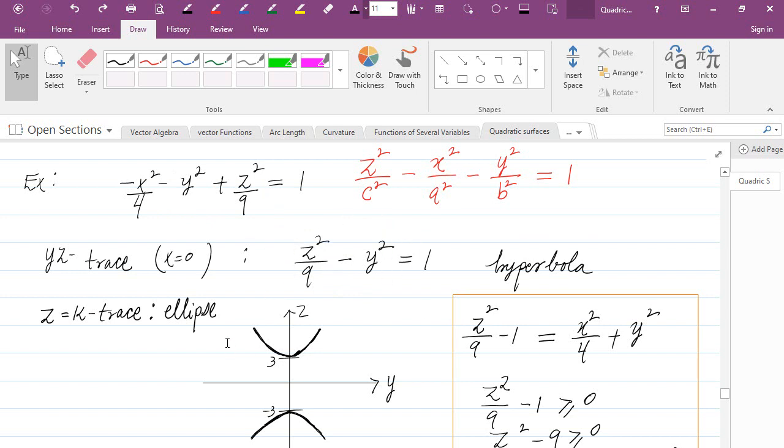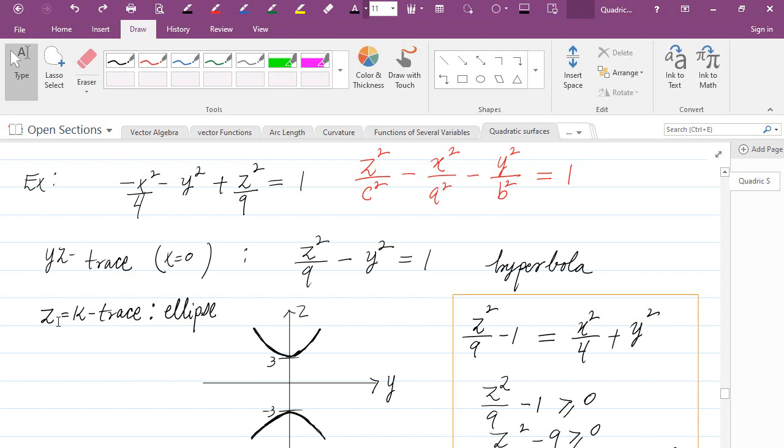Remember that a hyperbola has two parts, and each part looks like a parabola, and the vertices are at plus 3 and minus 3 on the z-axis. So this is the yz trace.